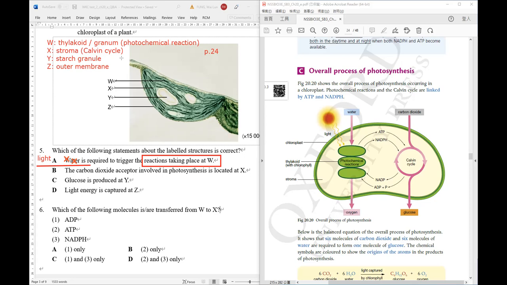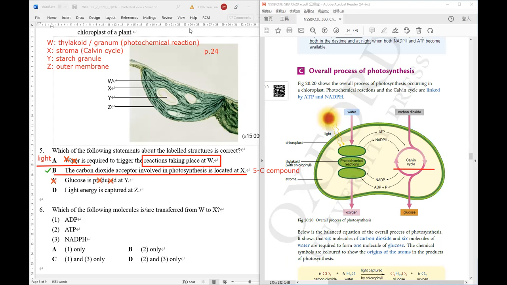Number 2, carbon dioxide acceptor, that is the 5 carbon compound. 5 carbon compound is located at X, located in stroma for Calvin cycle. This is correct. Third one, glucose is produced at, what?